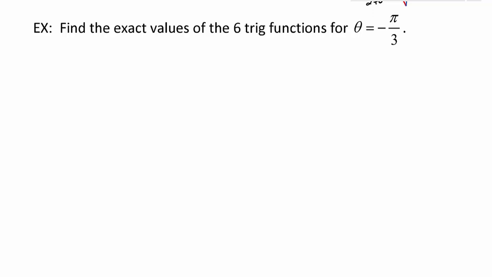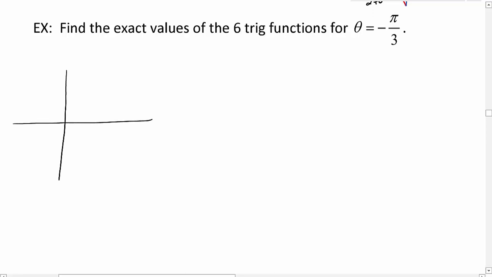So I'm going to draw up my angle of negative pi over 3. It's going to put us here in the fourth quadrant. Now, honestly, when I'm finding values on the unit circle, I do think of everything in terms of degrees because I'm referencing my special right triangles, and those are all in terms of degrees.